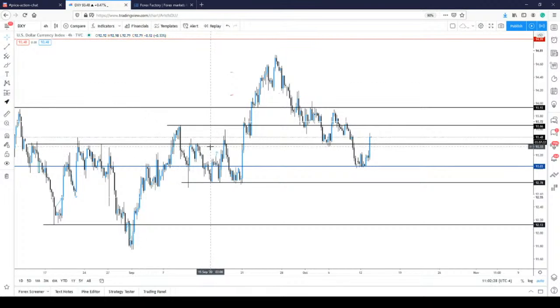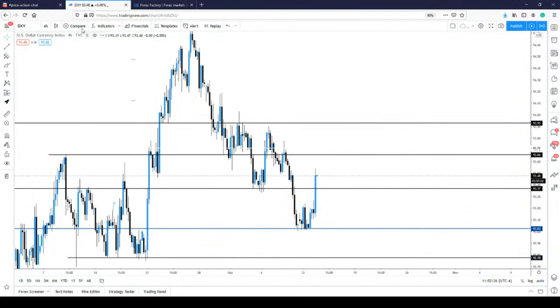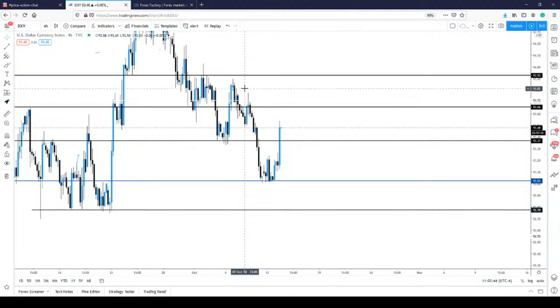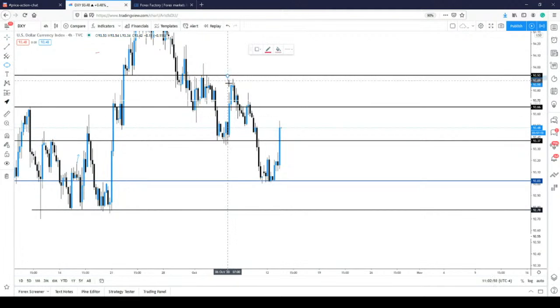But this morning, the dollar index is full of energy. You can see this morning this thing really shot up considerably. It's up around 0.48% for the day, and it looks like it's going to try running this high or this high. I'm a bit shocked about this move because usually this type of move happens when there's news.